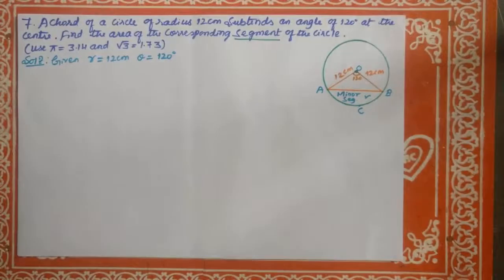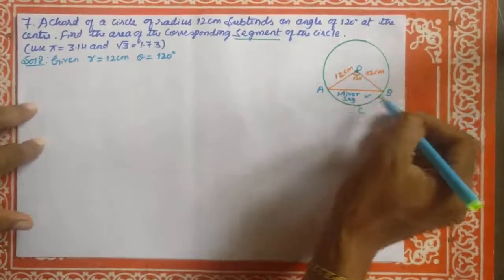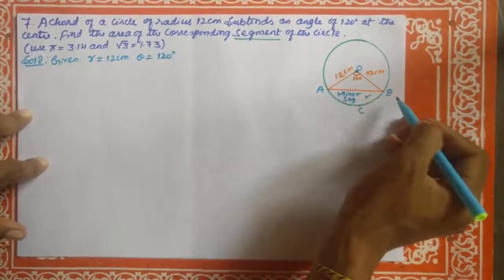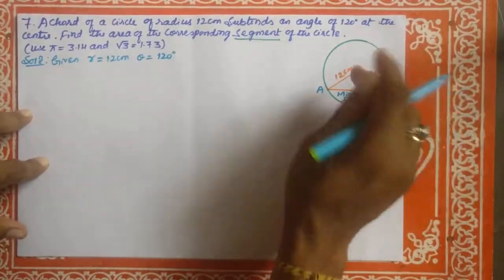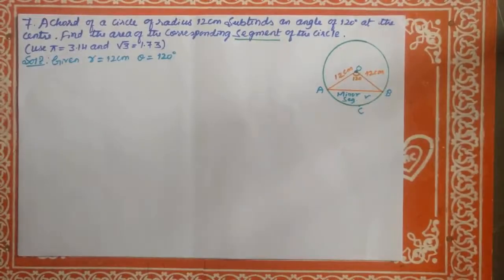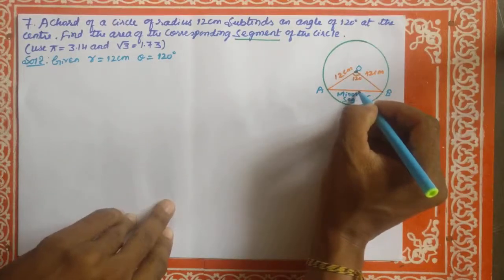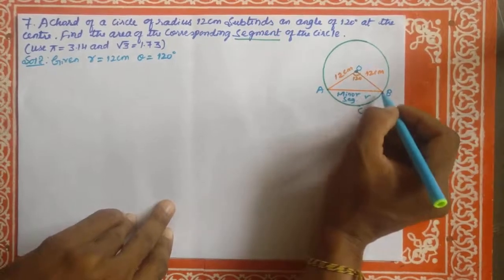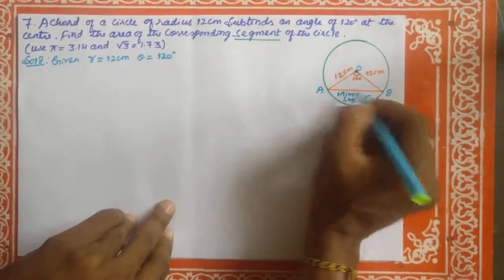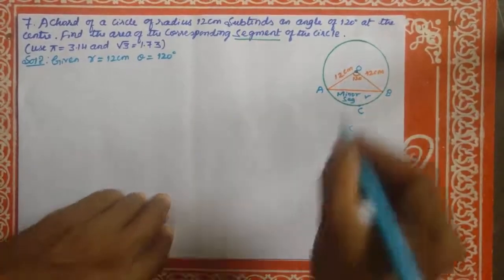In triangle OAB, OA is equal to OB, right? So we have to construct here, draw a perpendicular line OD on the chord AB. Therefore, OD is perpendicular to AB.